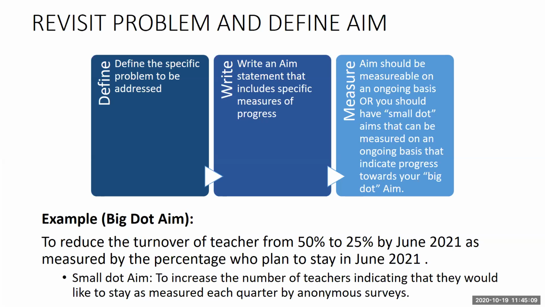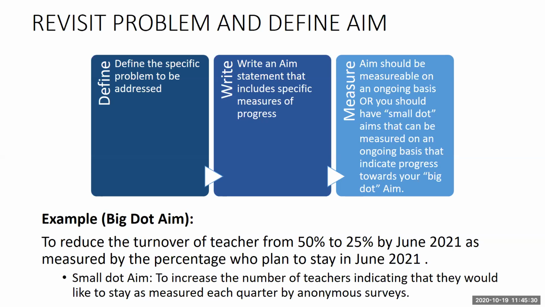One thing to really think about is that ideally, the way you're measuring your aim is something that you could check in on a monthly basis. So iStation data can be great for that. A lot of people sometimes use attendance data or other already available data that you're looking at.